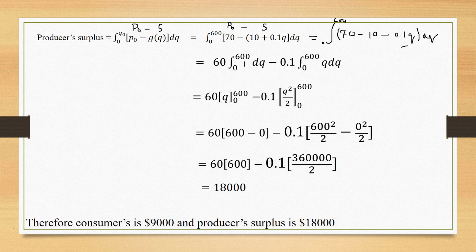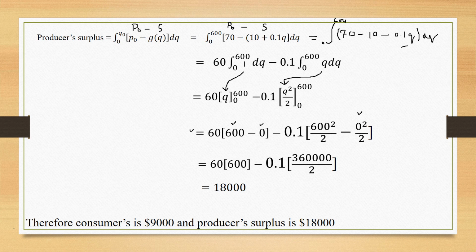We know that the integration of 1 is Q, and the integration of Q is Q square divided by 2. In this step, at the place of Q we first put the upper limit minus the lower limit. Similarly in the second term, where we have Q square, at the place of Q we put the upper limit, which is 600, minus the lower limit.